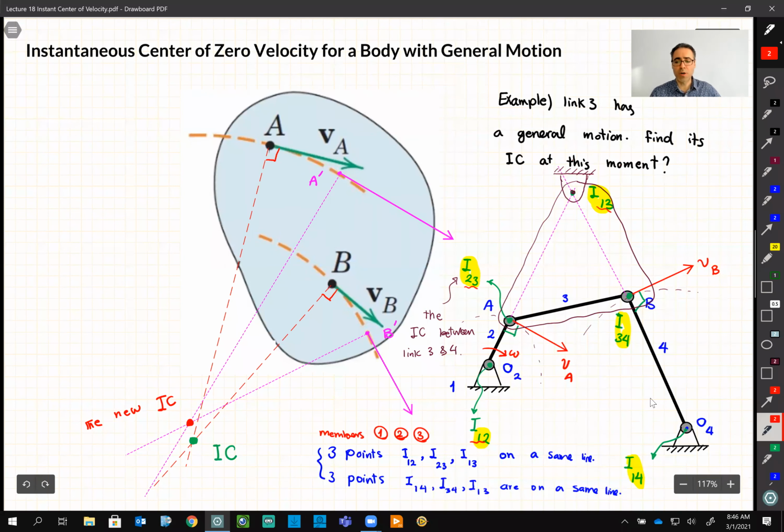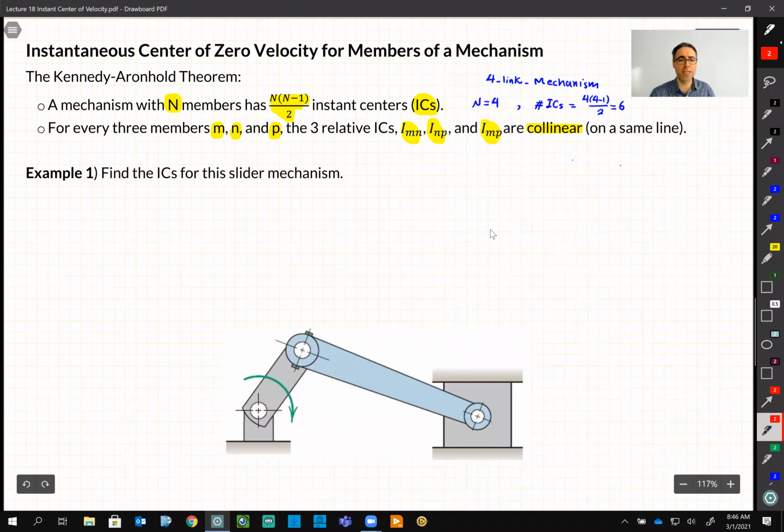And the same for 1, 3, and 4. So that's the second law or theorem, and we can use these to find the center of velocity for a mechanism.